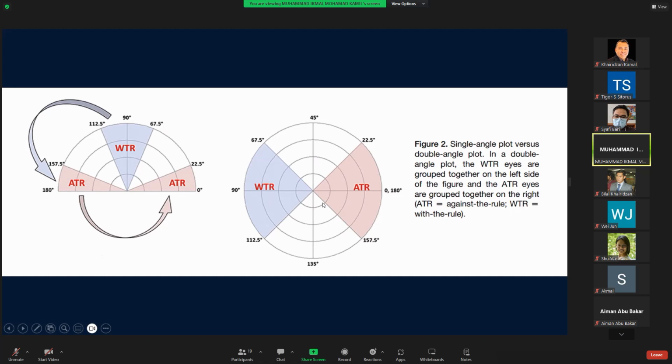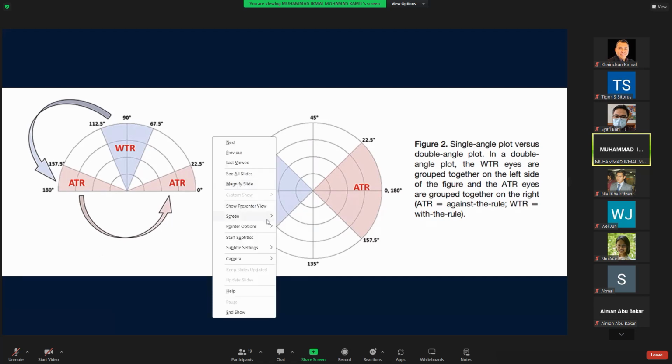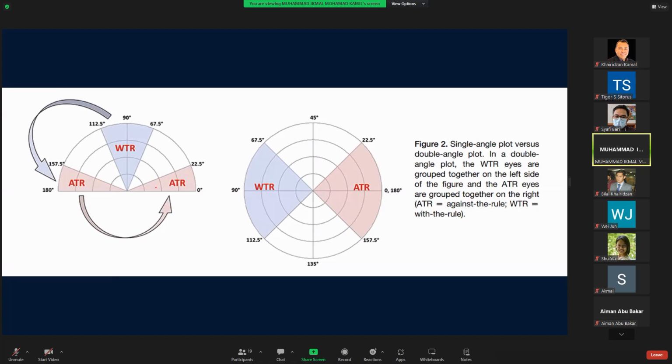For example, if there is an astigmatism value of 1 diopter at 1 degree here, and another 1 diopter at 179 degrees here, there is a large difference between these two points.